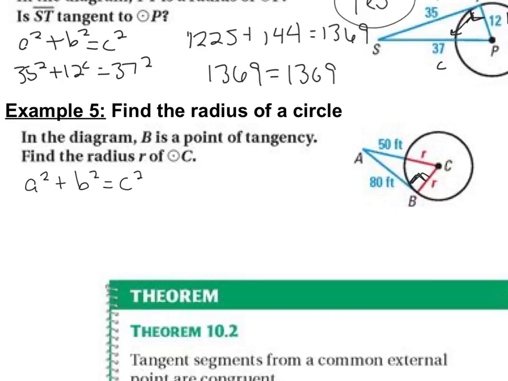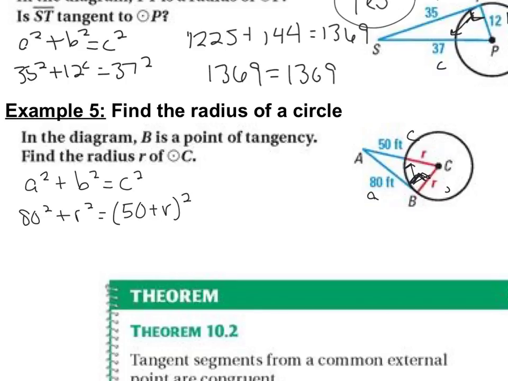This is my radius. So there's my right angle, making this my C, A, and B. So my A is 80 squared plus r squared equals C, which is the entire 50 plus r quantity squared.